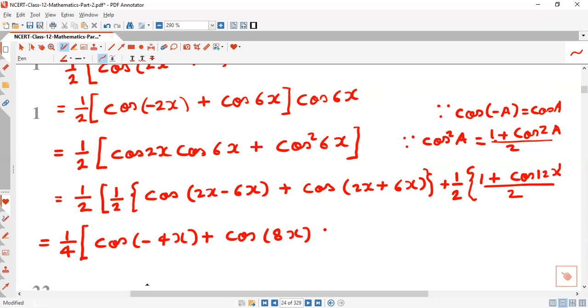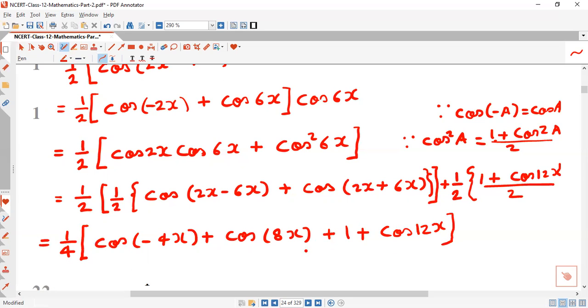We take 1 by 4 common: cos 4x plus cos 8x plus 1 plus cos 12x.